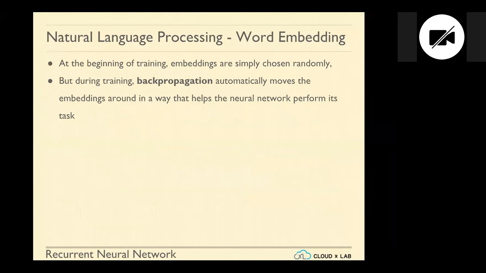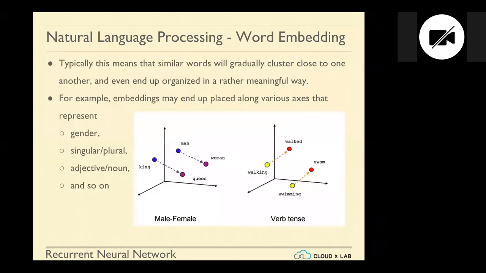At the beginning of training, the embeddings are simply chosen randomly, but during training, backpropagation automatically moves the embeddings around in a way that helps the neural network perform its task. Typically, this means similar words will gradually cluster close to one another and even end up organized in rather meaningful ways.